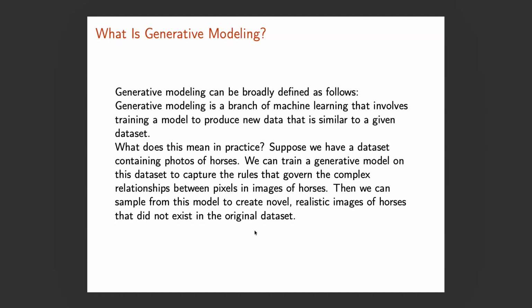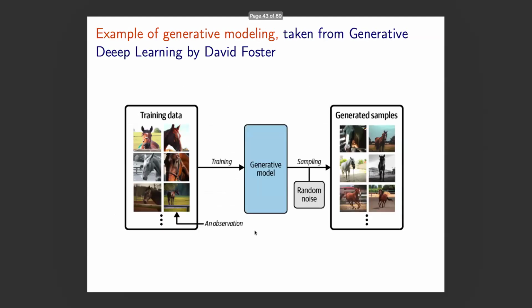Some of these methods are actually the more popular ones used in image generation. This is something which I took from the textbook of David Foster, and you could then train on images of horses, you produce a probability distribution, and then you can generate new types of horses. So you can make pink horses, yellow horses, horses with 10 legs, etc., etc. The kind of horses you want to have.